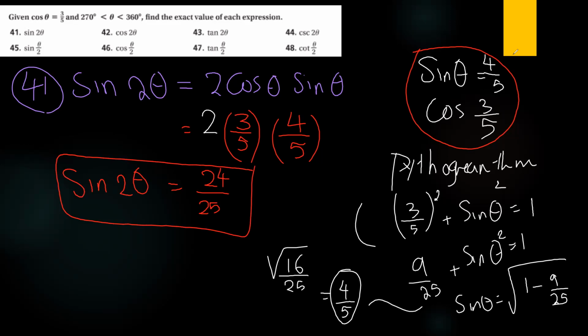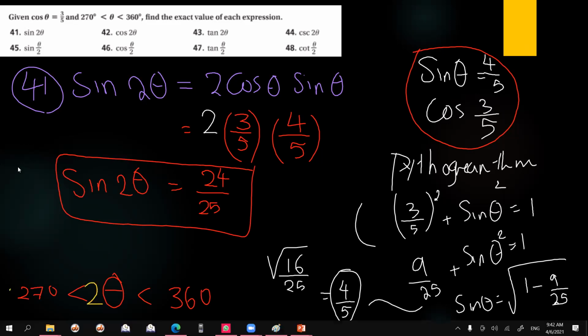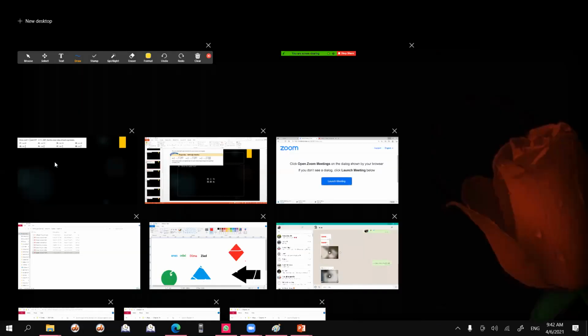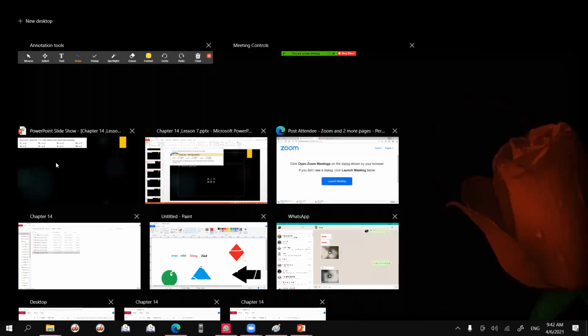Now, in order to find if it is positive or negative, here the theta is between 270 and 360. So I need now to double each part in order to find where 2 theta is lying. Let's see.